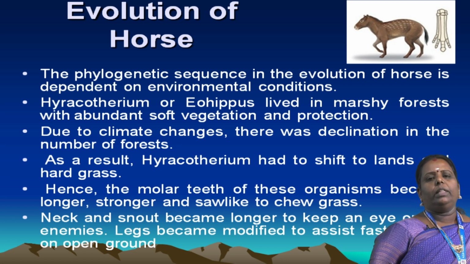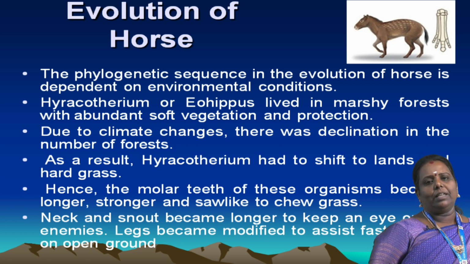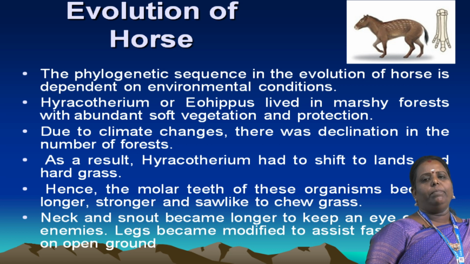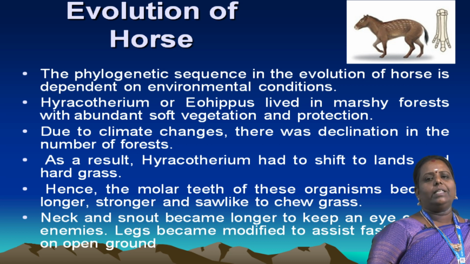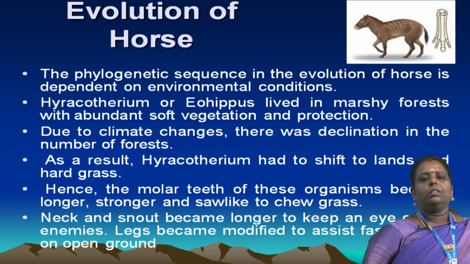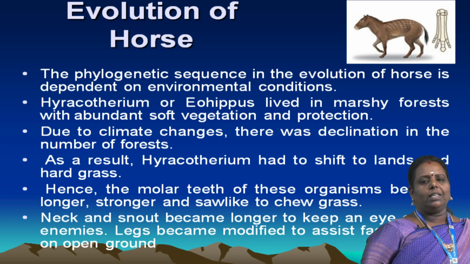You know very well that animals take in whichever food is present in the surroundings, and their characters can change. Hence the molar teeth of these organisms became longer and stronger, like a saw to chew grasses.